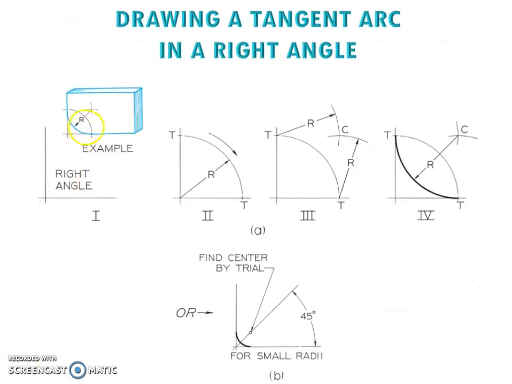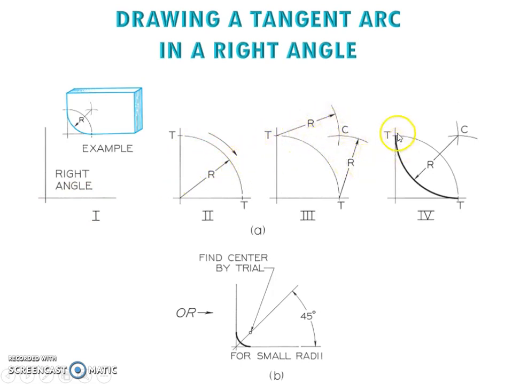Now, what if you have to draw an arc at the corner of this area? You are given the radius for this one, and then the length for this one, and you have to find where the tangency point is.